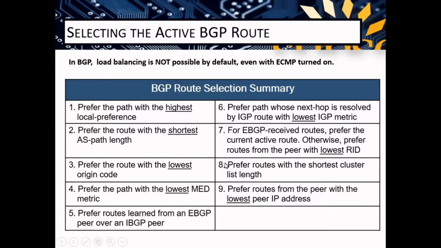So the result of this BGP selection process is one and only one next hop available for forwarding traffic. So that's why even if you turn on ECMP, it doesn't do load balancing, because basically there is only one next hop per route in the routing table.